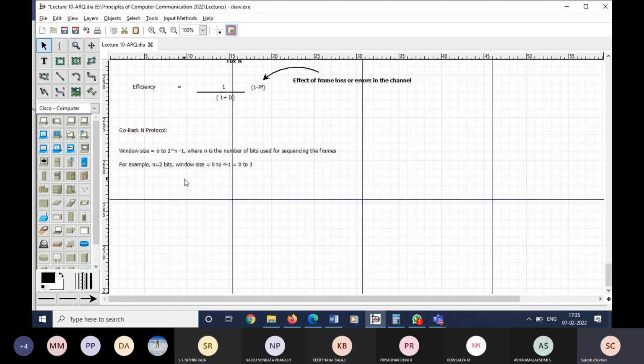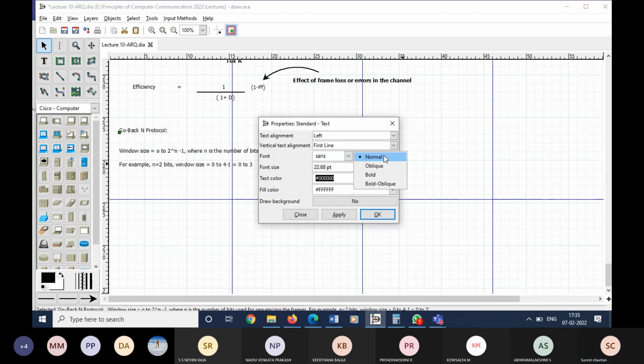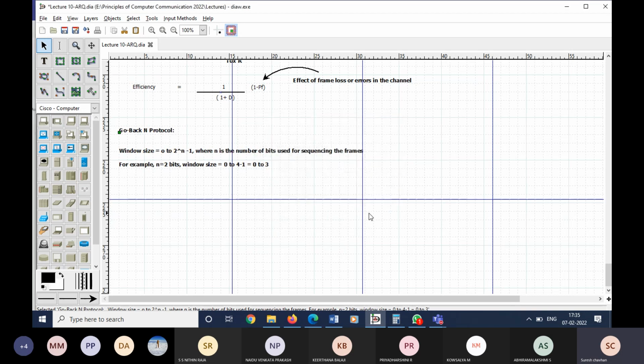This is how we'll calculate the window size of the Go-Back-N protocol. One more important point here is that only the sender will have the window size. Whatever number of bits we use, only that window size will be there at the sender side.